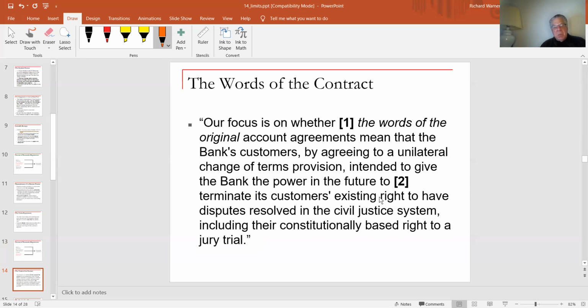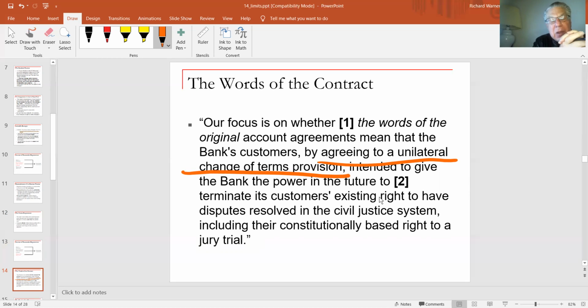And this is a particularly important point for our next case, right? The court says our focus is on whether the words of the original account agreement, the one before the change, mean that the bank's customers, by agreeing to a unilateral change of terms provision, this is the right to make changes that's put in the offer, intended to give the bank the power in the future to terminate its customers' existing right to have disputes resolved in the civil justice system, including their constitutionally based right to a jury trial.